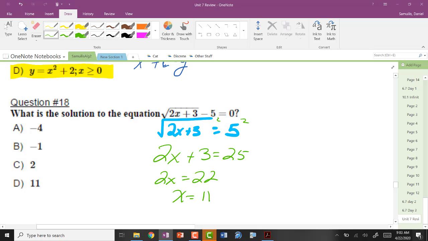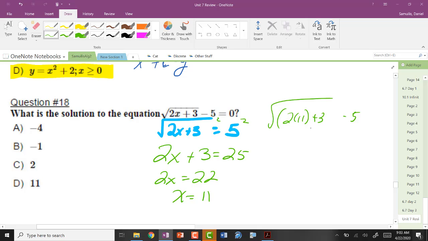Now, remember that you should check to make sure that it's not going to be extraneous. This obviously didn't give us a problem where we could get no solution, but you need to check for extraneous solutions. So you'd plug that in, times 11, and add 3, subtract 5. So we end up with 22.